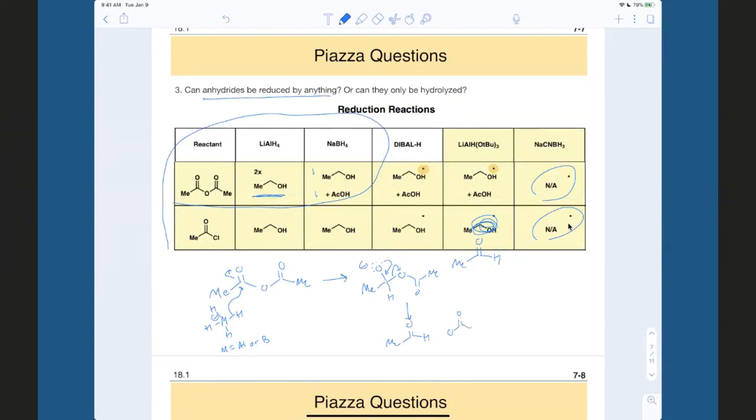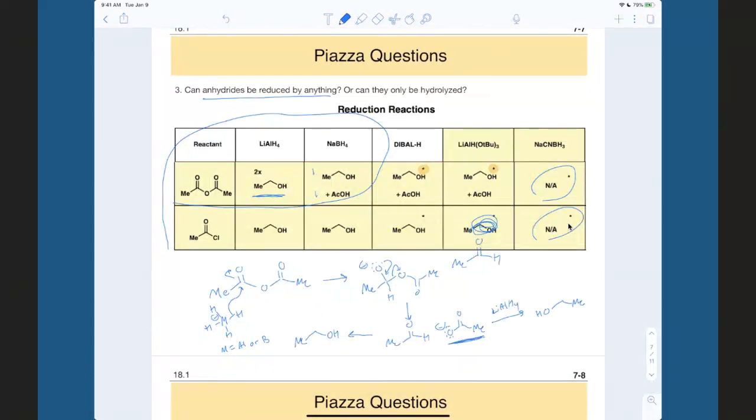In either case, either reagent will be able to further reduce this after workup to the alcohol. Lithium aluminum hydride can reduce carboxylates all the way to the alcohol after workup, whereas sodium borohydride would not be able to react with this.